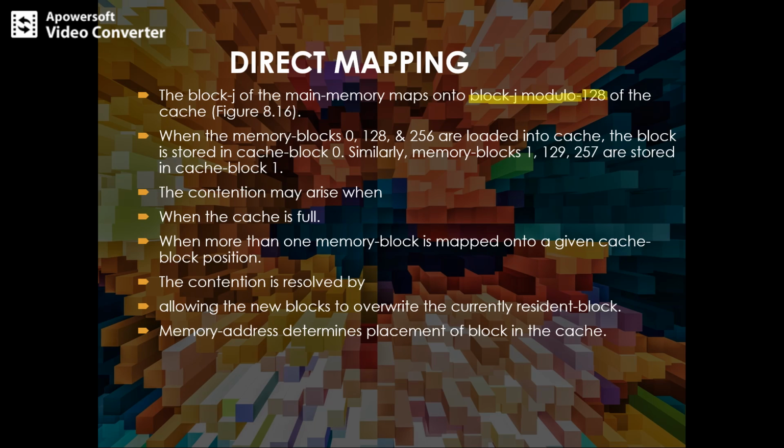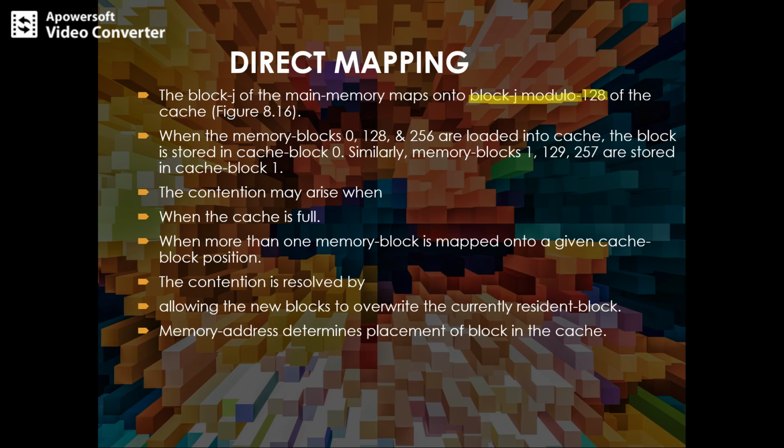When memory blocks 0, 128, 256 are loaded into the cache, the block is stored in cache block 0. That means 0 modulo 128 is 0, 128 modulo 128 is 0, and 256 modulo 128 is also 0.